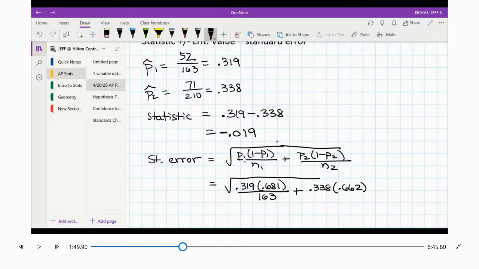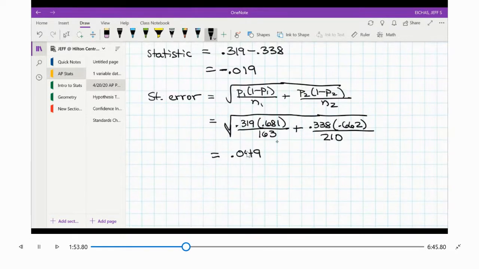So you're not going to do that combined proportion, that combined P where you'd add these. Okay, so that's a slight difference in standard error if we were doing a hypothesis test. It's a confidence interval, so there's an assumption or recognition that there could be a difference. So we keep them separate. Okay, so just carry that out.